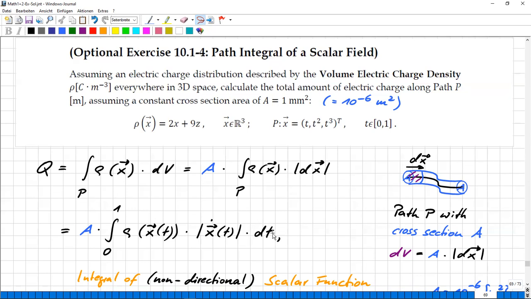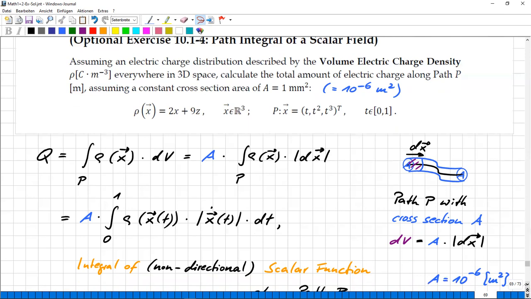Here I do, here I don't. But you could say that taking the absolute value is delayed to this place where this still directional x vector dot of t is, well, where its vector properties are removed by taking the absolute value. So let's just go on.